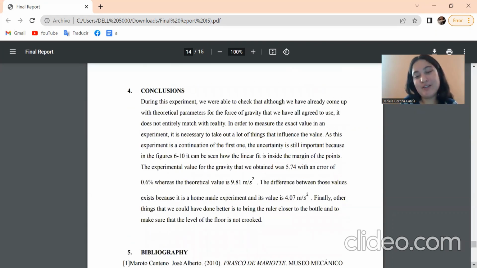It is important to mention that we were able to double check the theoretical and the experimental value for gravity, but it does not match in reality.